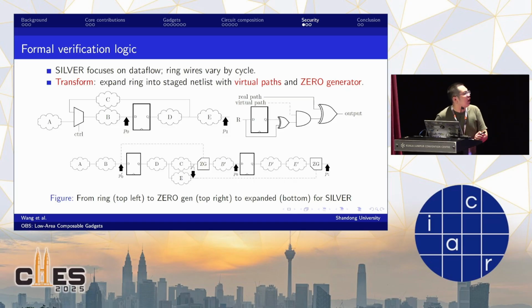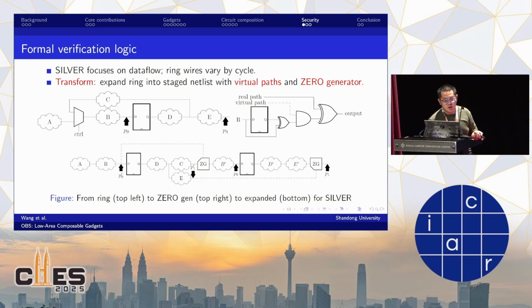So we did a transform. We extended the ring into a staged netlist with a virtual path and a zero generation to prevent unexpected compiler optimization. After this, we enable SILVER to verify transitions like this by simulating the transition with a glitch on the extended structure.